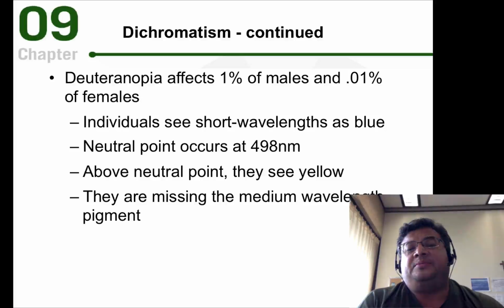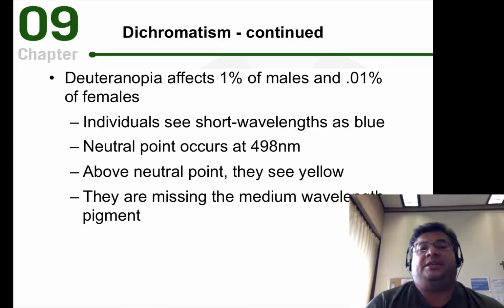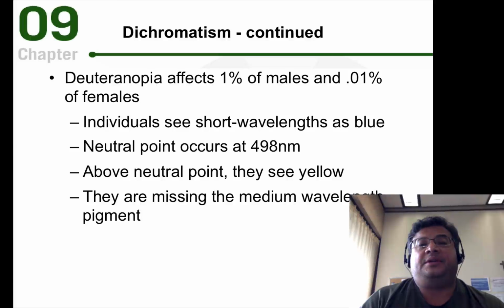They don't perceive any of the greens. Everything looks to them as yellow and blue, right? Just shades of yellow and blue, because they see blue, but they perceive green as blue, and they perceive reds as yellows.